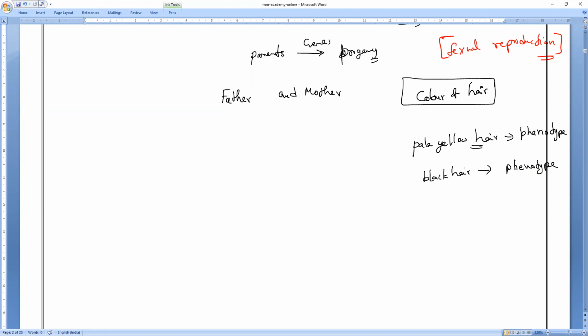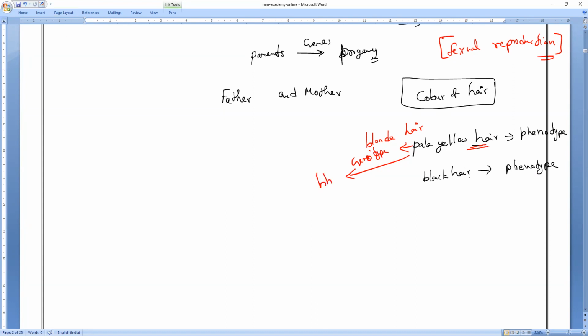Some babies will have black hair, some babies have pale yellow hair. This pale yellow hair we used to call blonde hair. Now if the blonde hair is coming to the baby, if this is the phenotype, then remember the genotype for it is small h and small h.